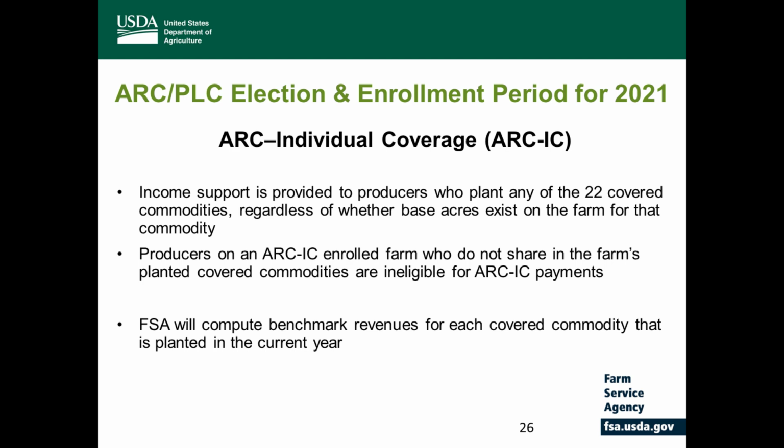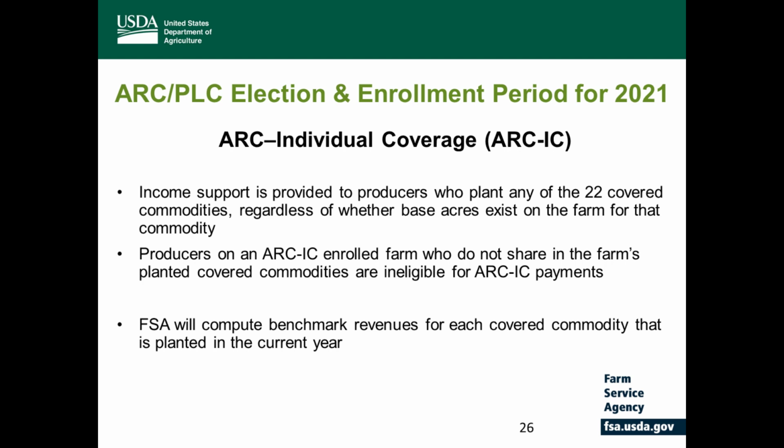Under the ARC IC program, income support is provided to producers who plant any of the 22 covered commodities. Producers on an ARC IC enrolled farm who do not share in the farm's planted covered commodities are ineligible for ARC IC payments. So if there's producers on the farm who have grass acres or alfalfa acres, they're not eligible for an ARC IC payment.